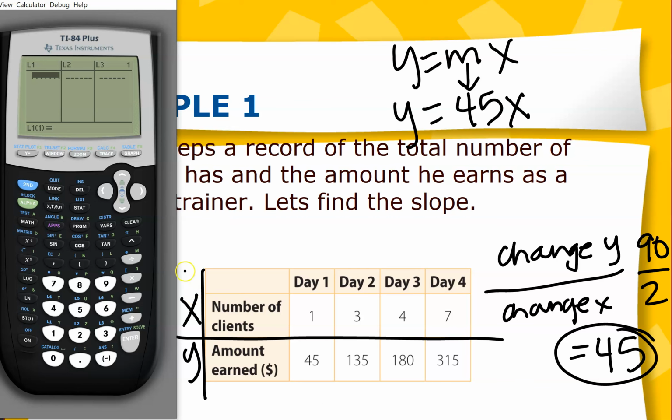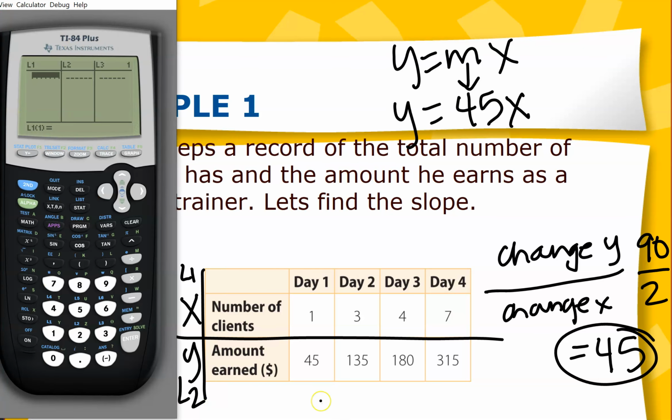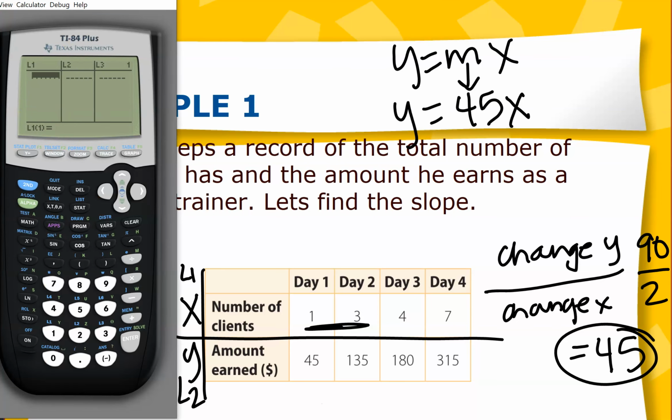X is always the first one, so that's my L1, and Y is my L2. Again, X always comes first. And I only need 2 points from X, so I can only use these two if I want to. Now you can use the whole table if you feel comfortable, but you don't have to, you only need 2 points.